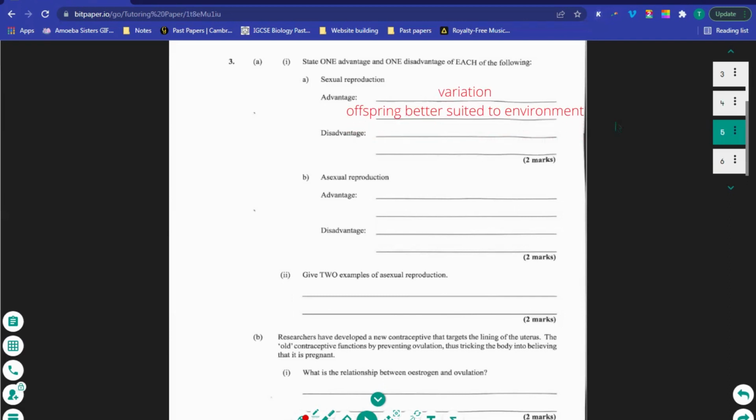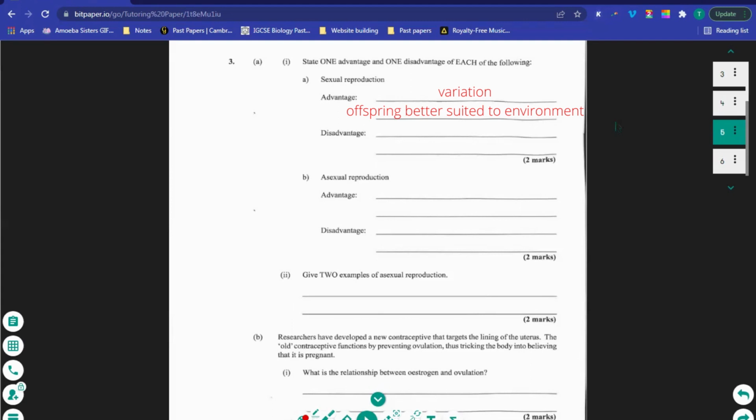The main one is variation, because the new individual that is going to be created has some material from the mother and some material from the father that is randomly distributed. So you're not sure, it's basically like a surprise bag. You're not sure what the individual is going to come out with, what characteristic traits. So we have variation.